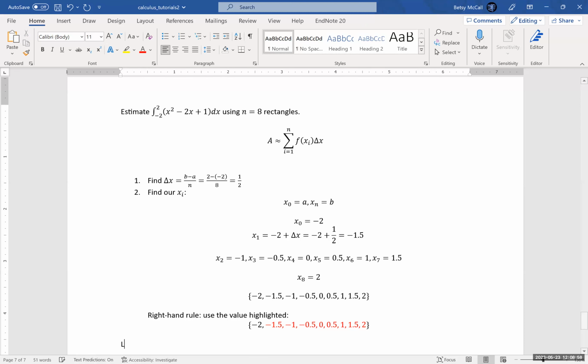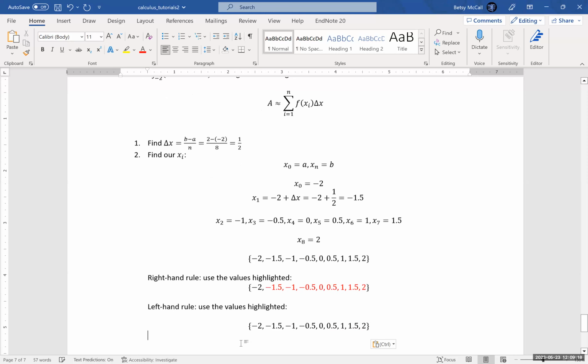And then the left-hand rule, we're going to use the values highlighted in this next. So the first rectangle is bounded by these two. We're going to use the left one. And then the next rectangle is bounded by these two, and we're going to use the left one.